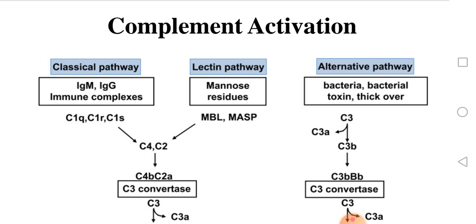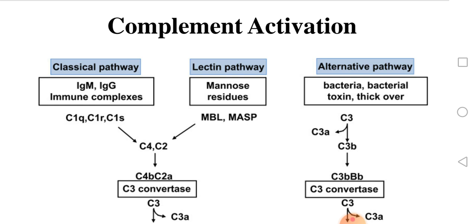Then we come to the lectin pathway. The lectin pathway is activated by combination of the mannose in the cell wall of the pathogen with a complement protein known as mannose binding protein, or mannose binding lectin.